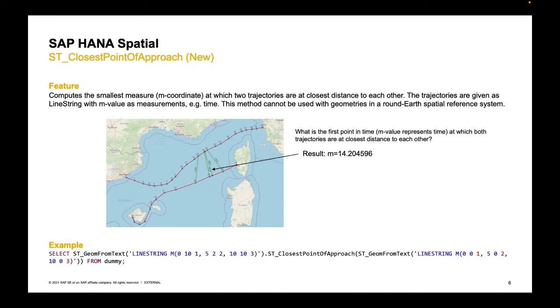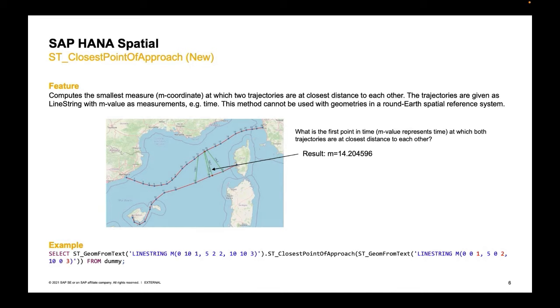For every time you have a measurement value. What you can do now is calculate the closest distance between these two ship routes at a specific m value.